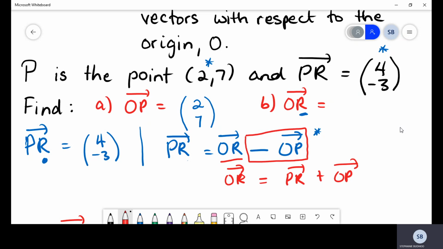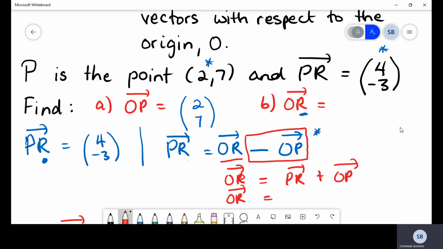Now that I have carried across OP to the same side as PR, we can see that we actually have values for PR and OP. So we will write them in.